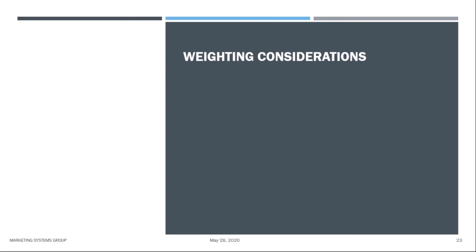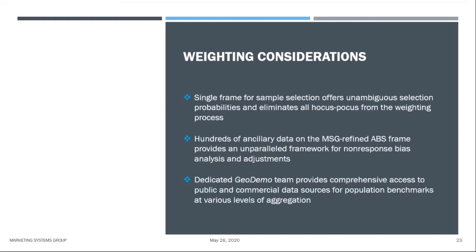So in terms of weighting considerations, one of the fantastic features of address-based methodology is that because you use a single frame for selection of your sample, selection probabilities are knowable. There is no ambiguity about those selection probabilities, which for other sampling methods, the confusion about selection probabilities usually results in weighting applications that are very convoluted and incoherent.